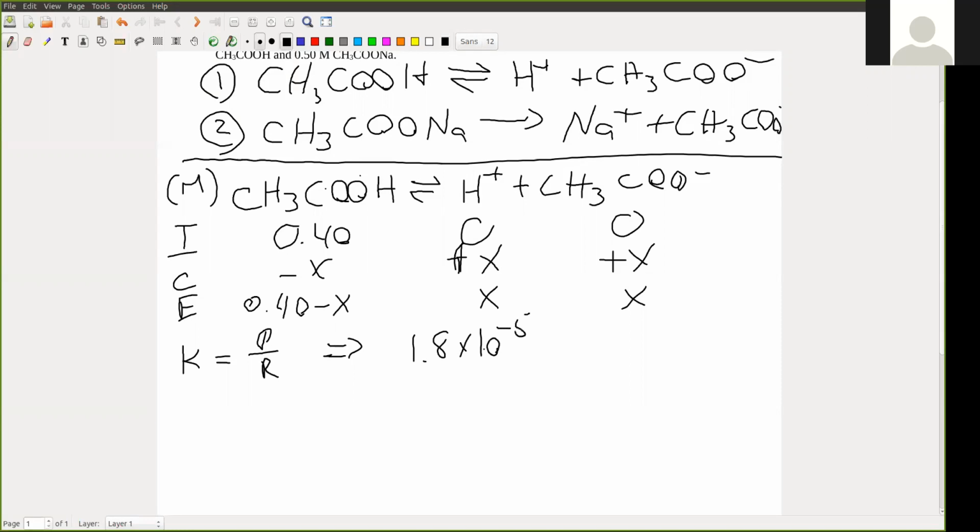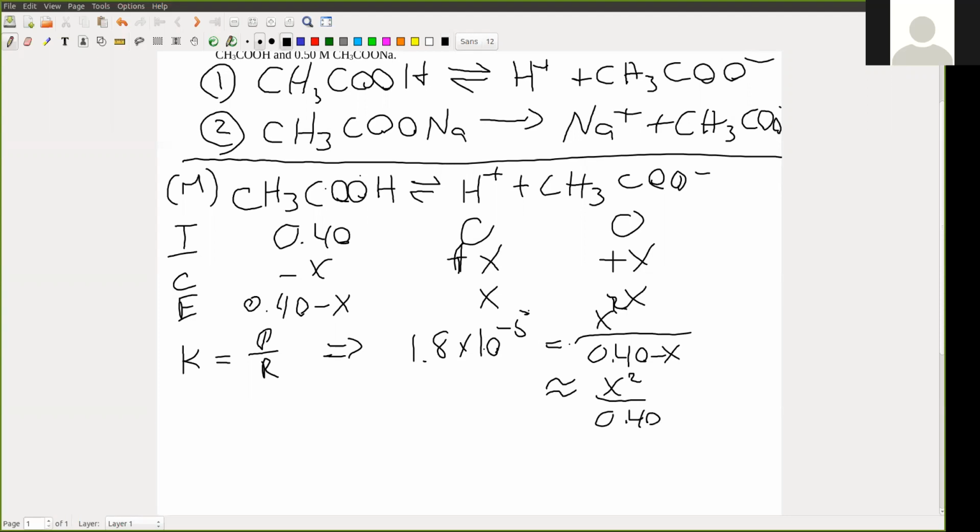In this case, it's the Ka because we're dealing with acetic acid that's being dissociated, is equal to the products, which would be x times x, so it's x squared at the top, over 0.40 minus x. Now, again, we already said at the start that we're going to use the approximation method. So that's approximately the same as x squared over 0.40.